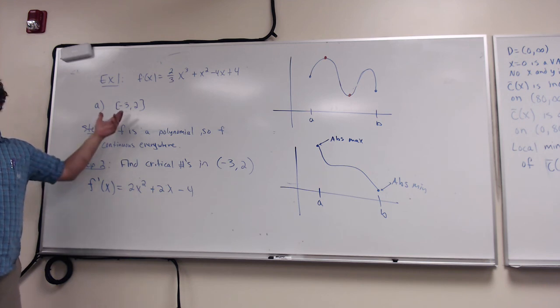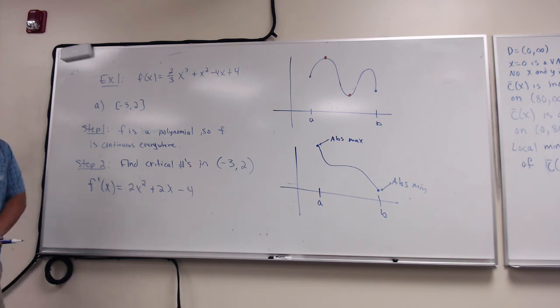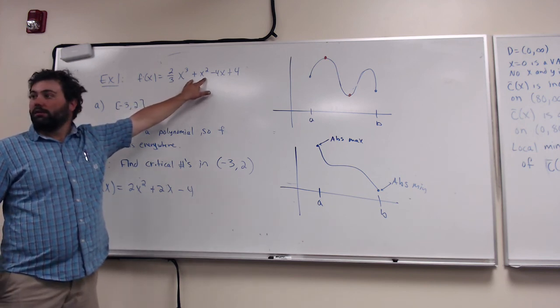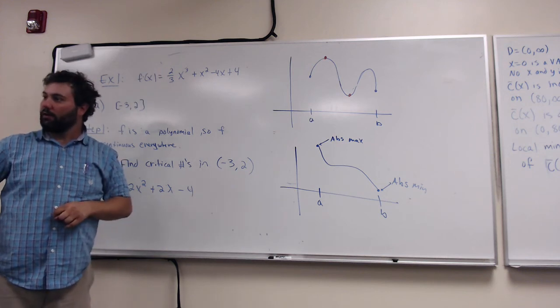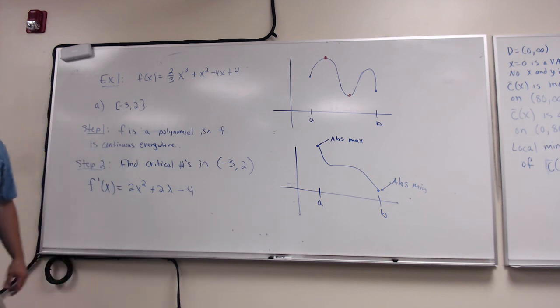But if it was an infinite interval and there's more than one critical number, you might be out of luck as to finding the absolute max and min. Right? Does this function even have an absolute max or min on its entire domain? No, right? On one end it goes up forever, on the other end it goes down forever. That's why I need to restrict the domain to a closed interval to ensure an absolute max and min.